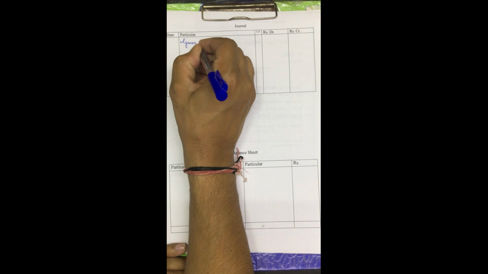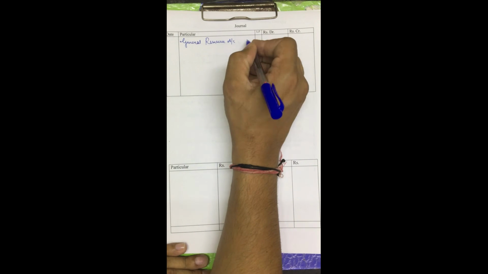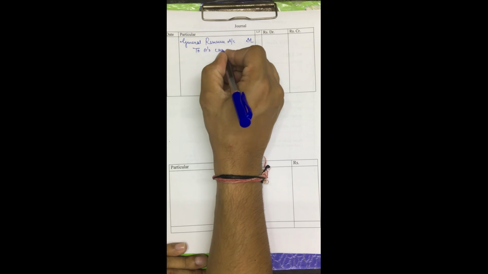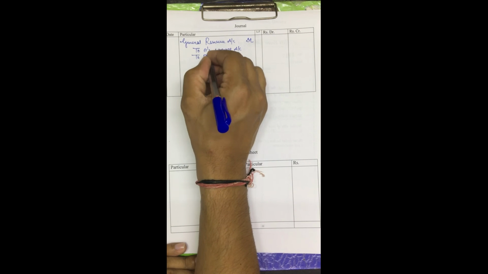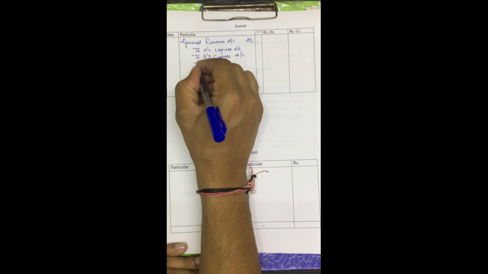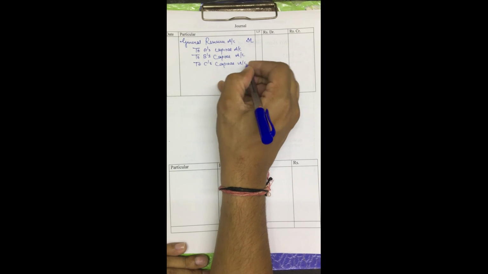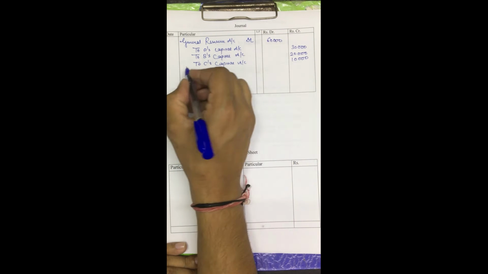General reserve account debit to A's capital, to B's capital, to C's capital, that is 30, 20 and 10. Total is 60. This is the journal entry.